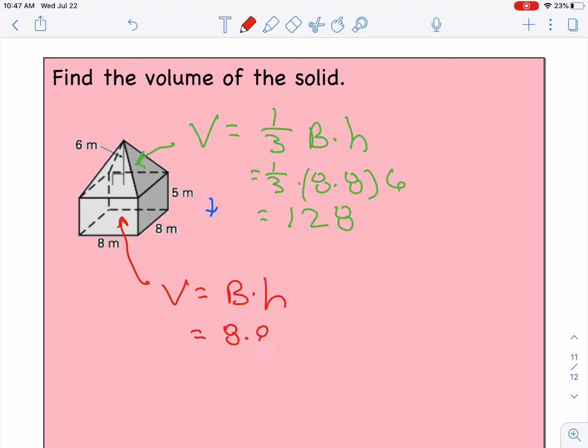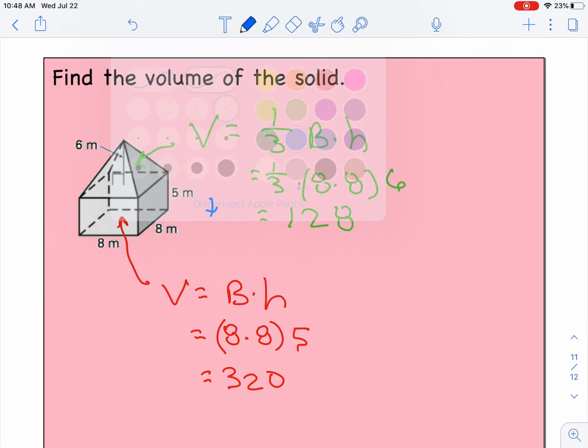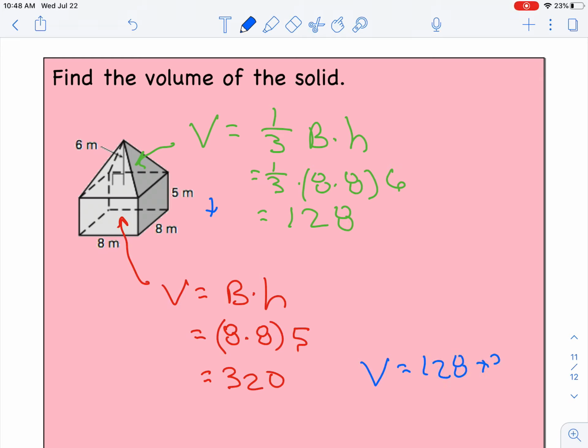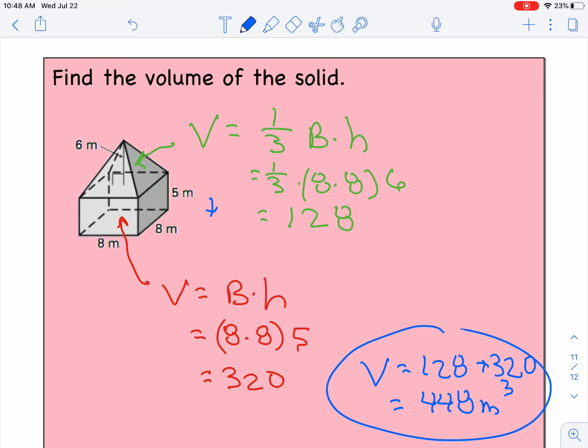So again, my base area is 8 times 8. And my height is, in this case, 5. So that gives me 320. So now my combined volume is taking 128 plus 320, which is 448 meters cubed.